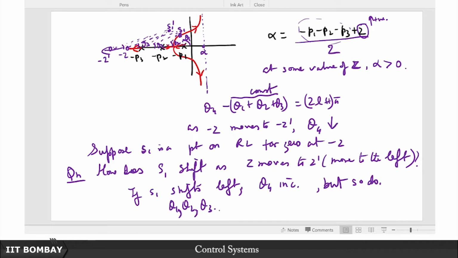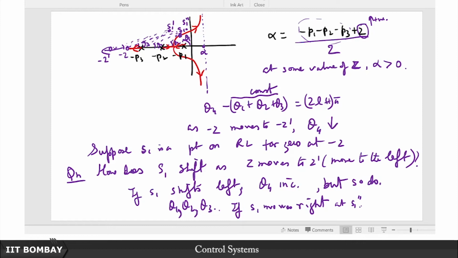On the other hand, if the candidate point on the root locus shifts to the right, for example some point here, let's say S1 double prime, then at S1 double prime the angle subtended from z dashed to S1 has decreased.